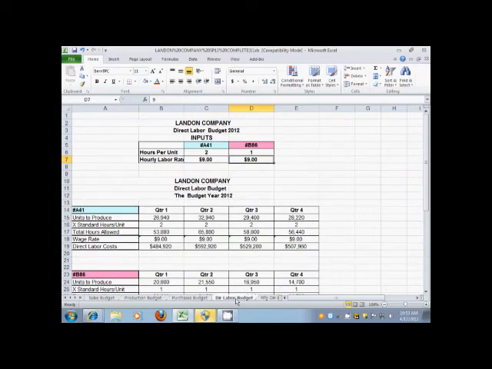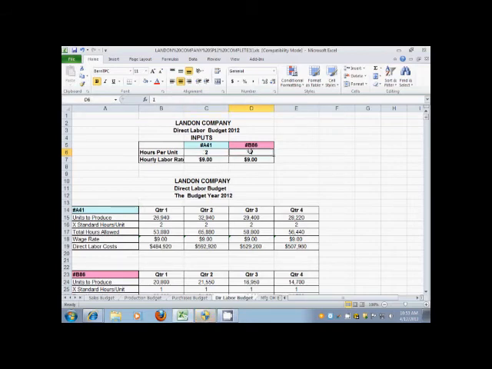The production budget, which was in units, is also used in the direct labor budget. In the input section, we have to know how many hours it takes for direct labor for each of the two products. So we can see A41 takes 2, B86 only takes an hour, with an hourly rate of $9 an hour.